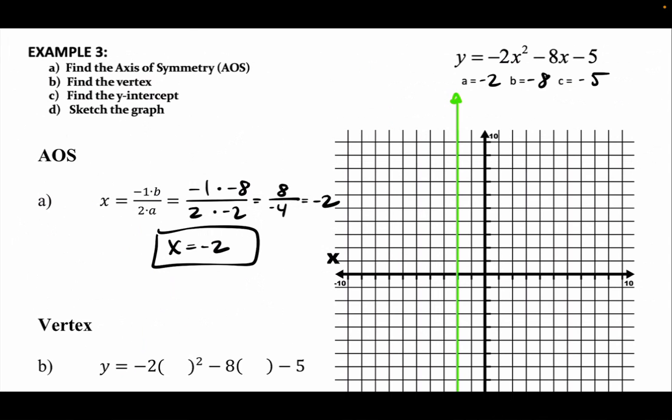So I did ABC, so A was negative 2, B was negative 8, C was negative 5. And then I did the axis of symmetry. Negative 1 times B, negative 1 times 8, negative 8, is positive 8. 2 times A, which is negative 2, is negative 4. Divide, you get negative 2.